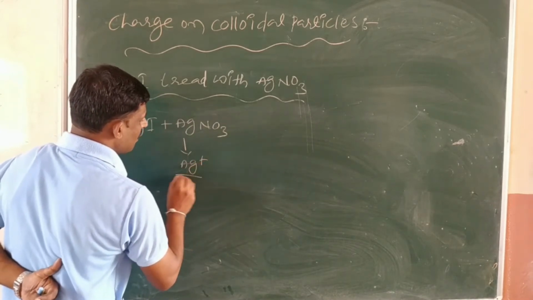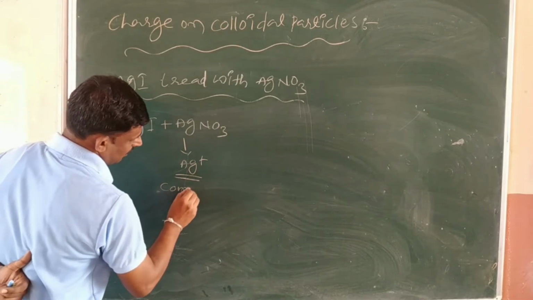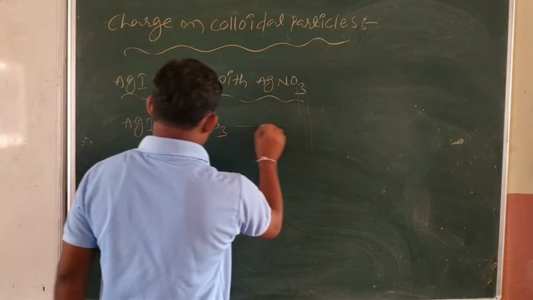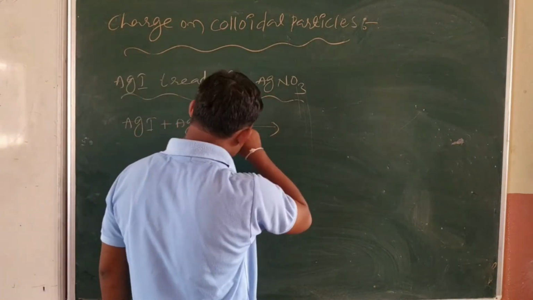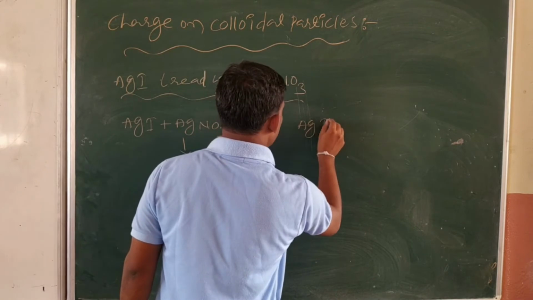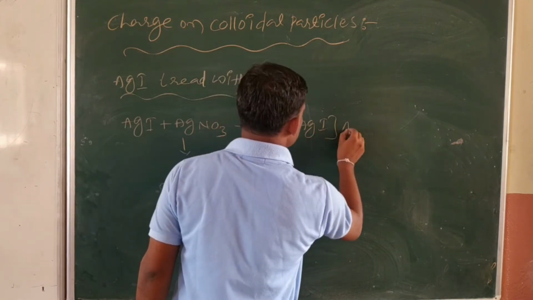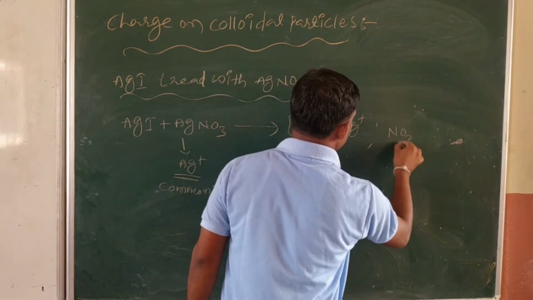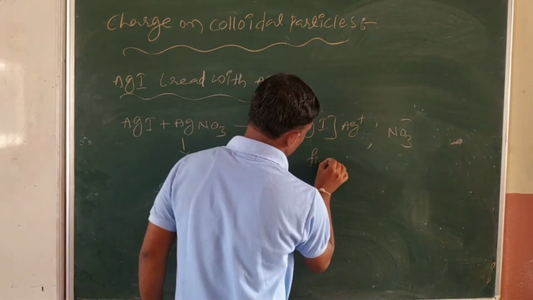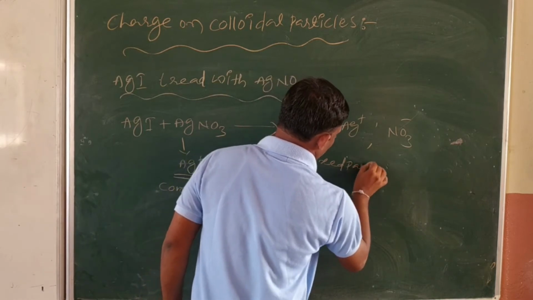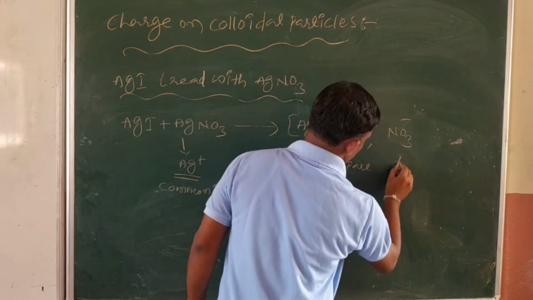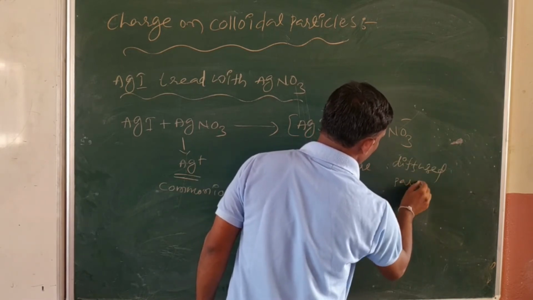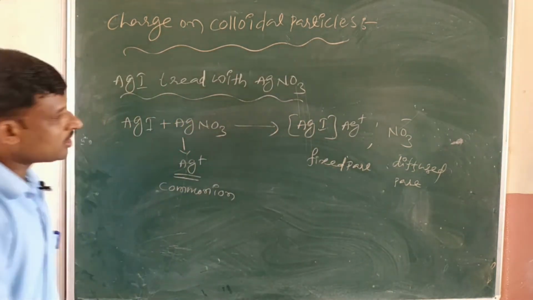So a positive sol is formed: AgI with Ag plus as the fixed part, and NO3 minus as the diffused part. Are you understood?